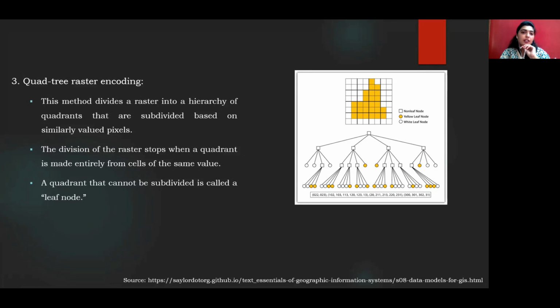The quadtree raster coding method divides a raster into a hierarchy of quadrants that are subdivided based on similar value pixels. Division of the raster stops when the quadrant is made entirely from cells of the same value. A quadrant that cannot be subdivided is called a leaf node.